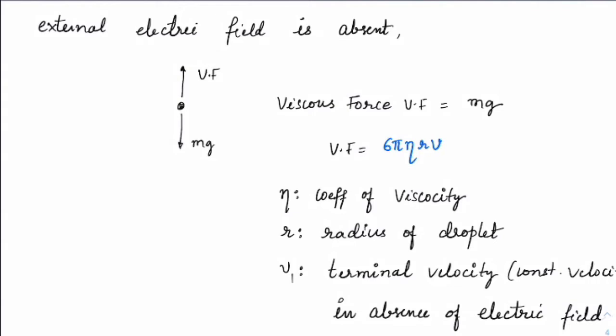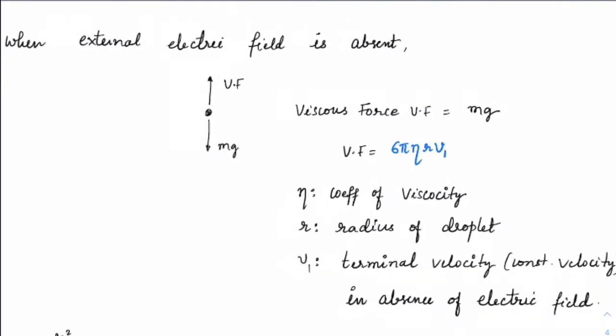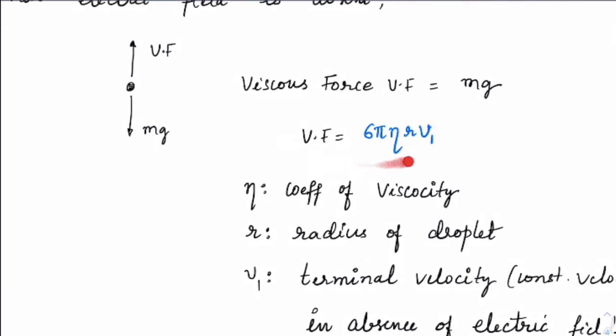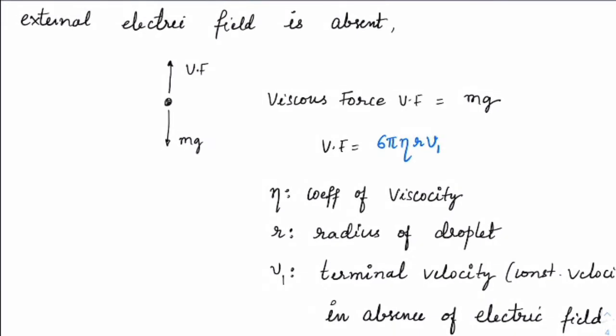Okay, so let me write this terminal velocity as v1 when the external electrical field is absent. So we have eta, r and v1. This we don't have to derive right now, we have a complete chapter in physics where you will be deriving that.